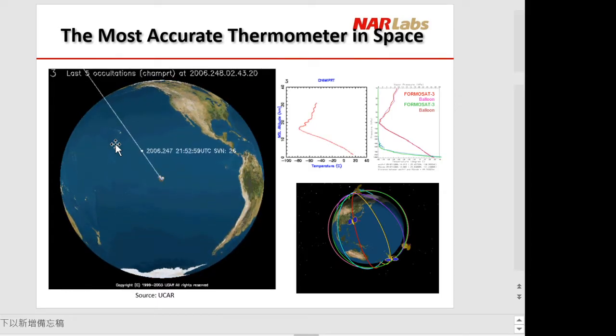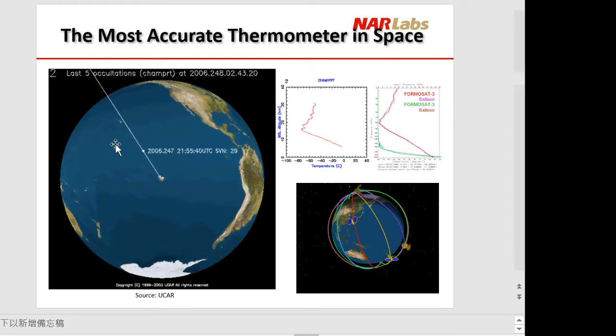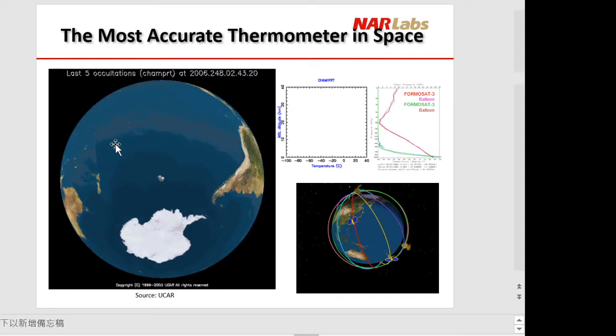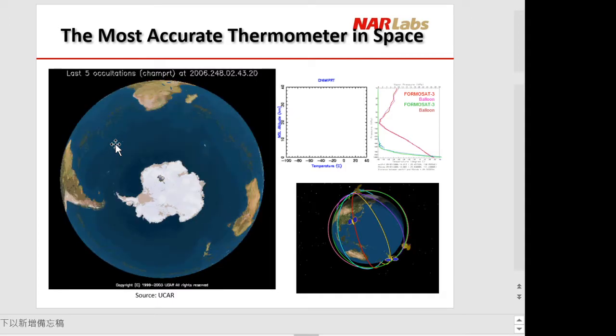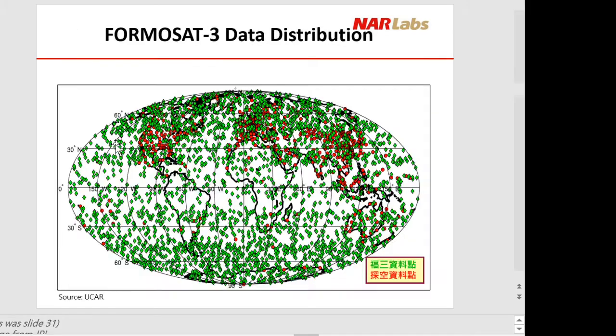From the right-hand side lower panel, you can see there are 6 satellites for Formosat-3 with high inclination angle, so the data distribution is something like this. You can see the green dots. That's the measurement.